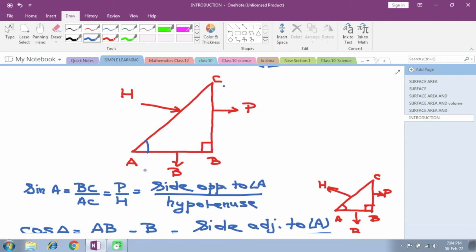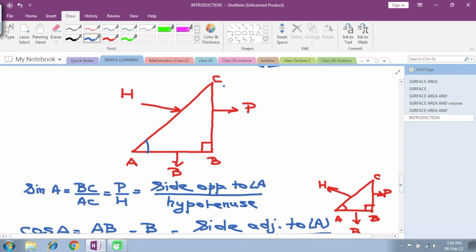It is a ratio of these two sides, and it is unitless because it is a ratio. BC is perpendicular and AC is the hypotenuse. So sine A is perpendicular by hypotenuse, which is also side opposite to angle A and hypotenuse.